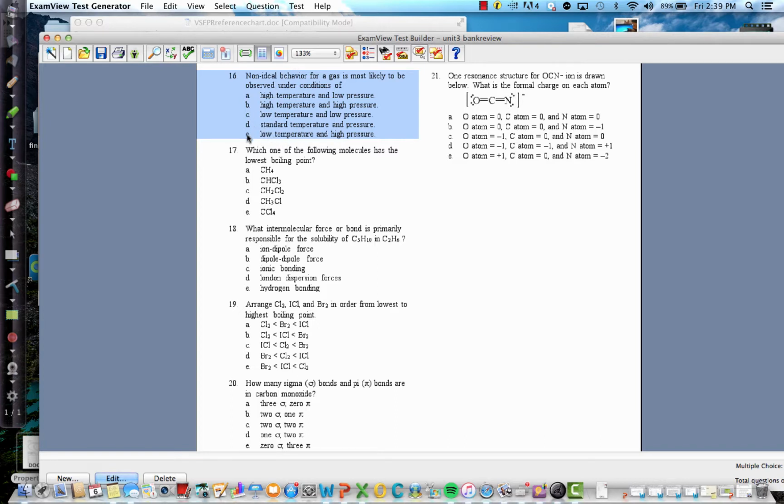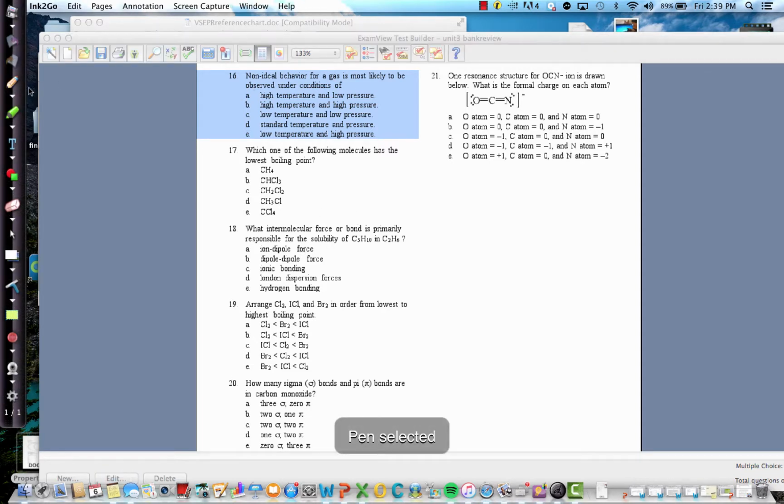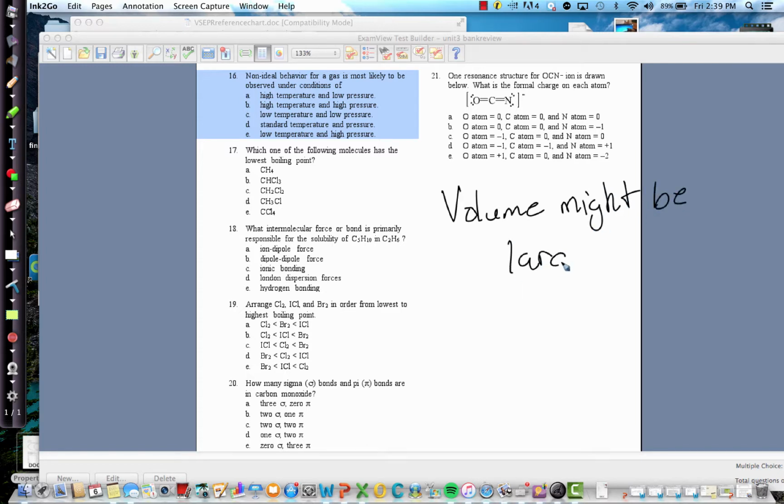And like I said, this is in your notes. But basically, when we have a non-ideal gas, usually what you'll see is that the volume might be larger than it should be.